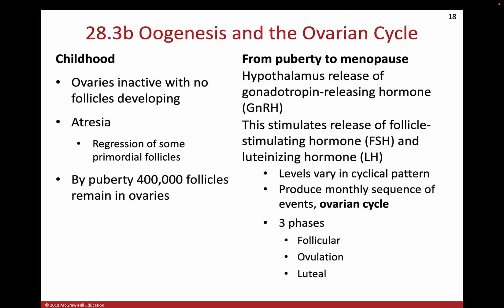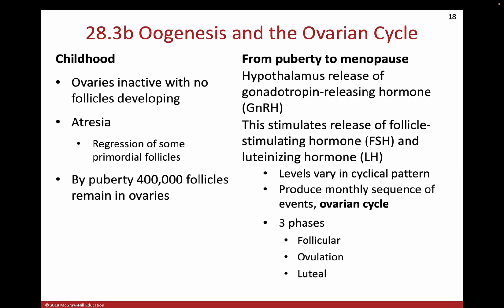They undergo what is known as atresia, and this is a regression of some of the primordial follicles. At the time of puberty, we are no longer anywhere near 1.5 million. We're now out at about 400,000 follicles that are remaining in the ovary. So here we basically see that there has been a regression, and we're actually talking about a limitation to the lifespan of female reproductive capacity.